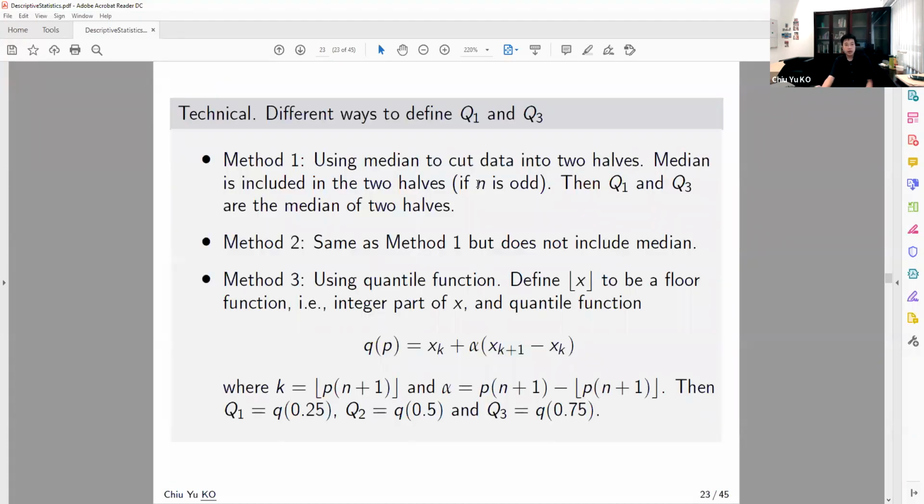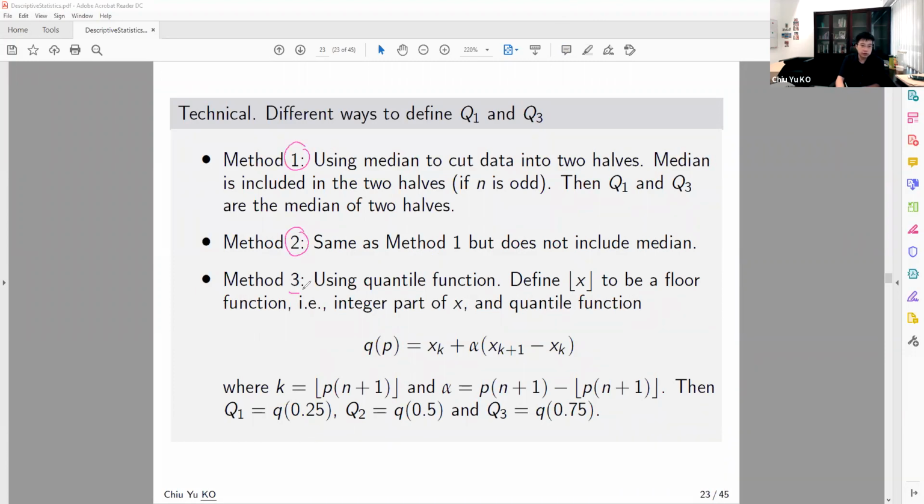Okay, so there are many methods, and probably what you learned in high school is a little bit different. There are 3 methods. The first 2 methods involve using the median, okay. So method 1 and method 2 are using the median.